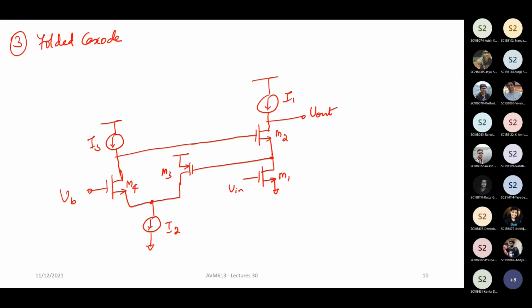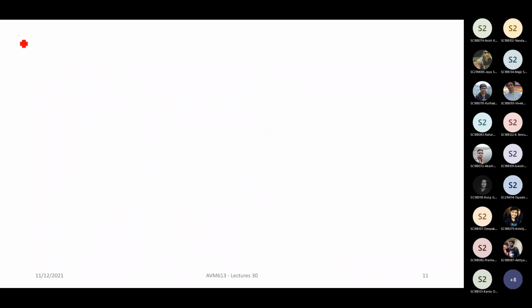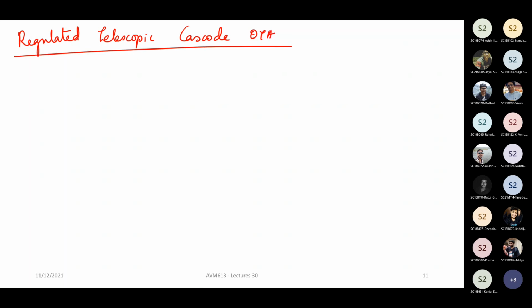All right. So far we looked at it in the case of a single-ended op amp, where you have a single-ended input and single-ended output. So now how do we use a regulated telescopic cascode? Right. So first let's draw the original telescopic cascode.